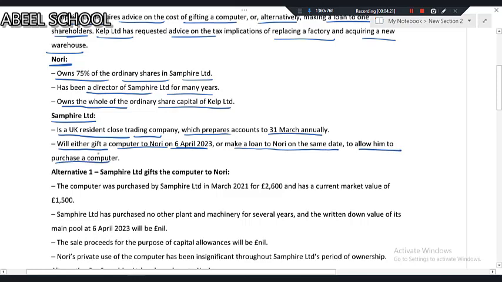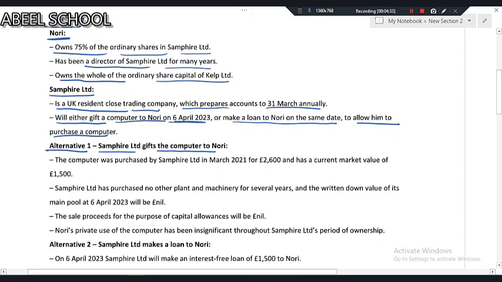So either the company is going to give him a gift, or the company will give him a loan and say go and buy the computer. Alternative 1, Samphire Limited gives the computer to Noori. You need to remember one thing: in alternative 1, we need to calculate the total cost for the company. Even in alternative 2, we need to calculate total cost, total tax, additional taxes, and total cost for the company.